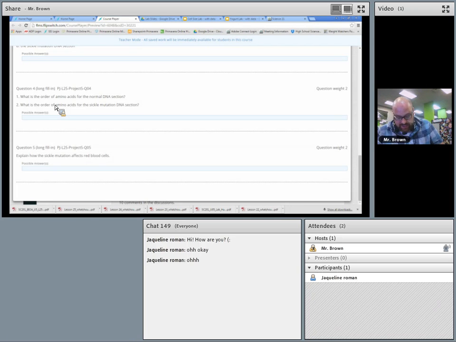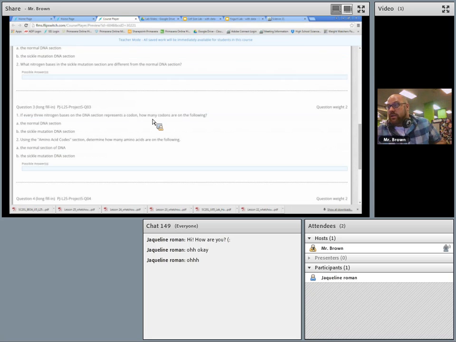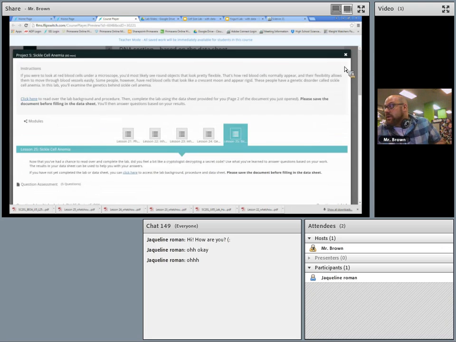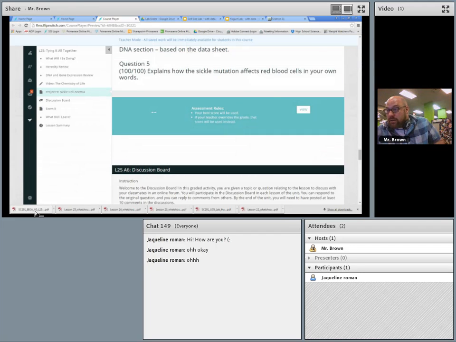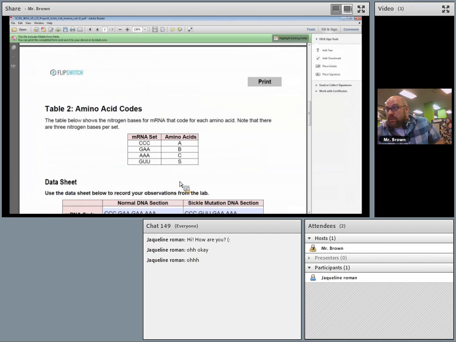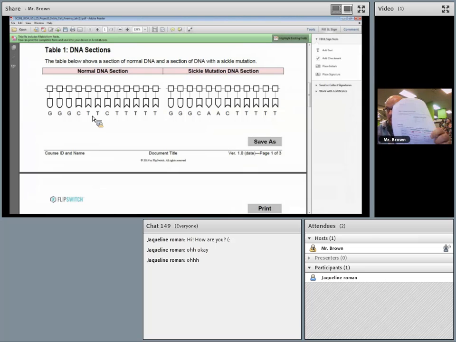Alrighty. So as you can see, I did this all myself. I even did the tRNA. The difference with the tRNA is that the T's in the original DNA strand, which I'll show you, hang on a second. See how it's all T's at the end?